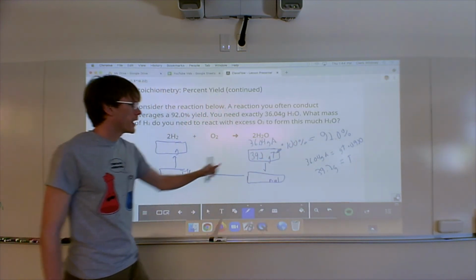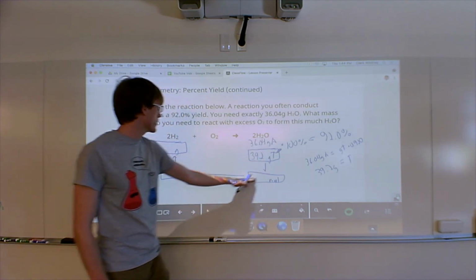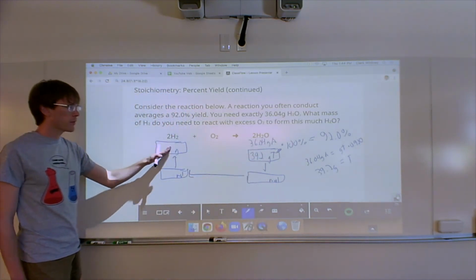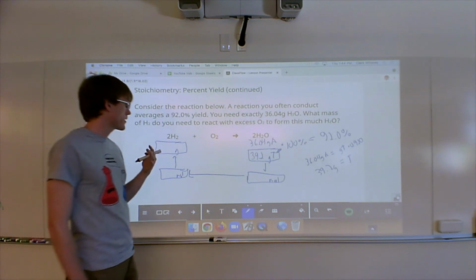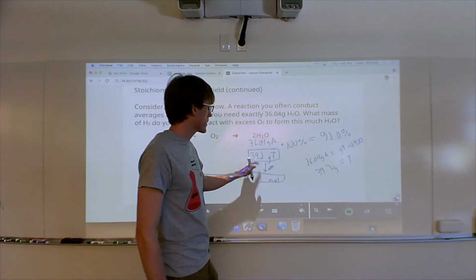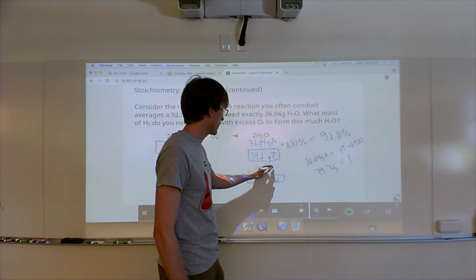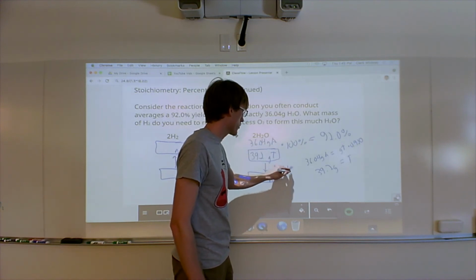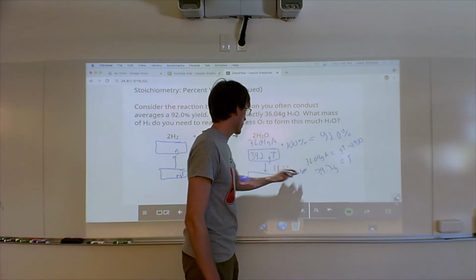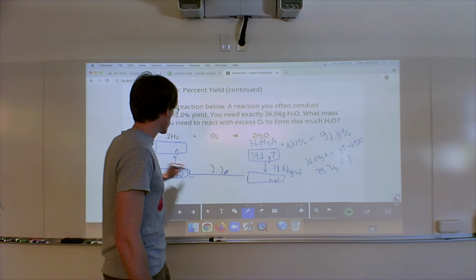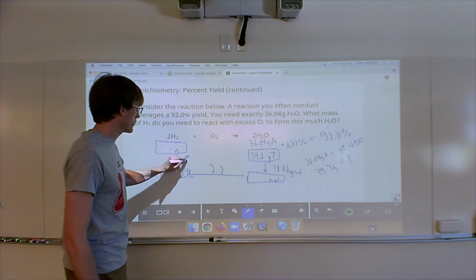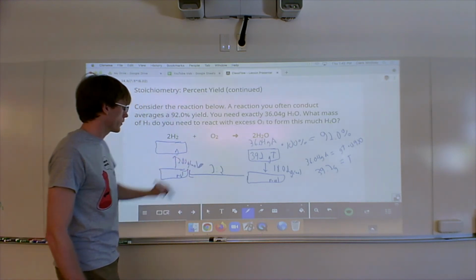So I need to go from our grams of theoretical yield of water back to our grams of hydrogen. In this case, I can say we have 18.02 grams per mole, a 2-to-2 molar ratio, and 2.02 grams per mole over here.